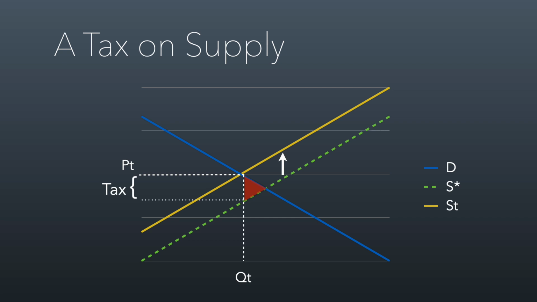And so that upward pointing arrow near the little red triangle, let's say that's $1, a price increase. What happens is it increases the cost of supplying cereal. To produce and make boxes of cereal available to the public is now more expensive by $1 per box. And that's why our green supply curve goes away and it gets replaced with the yellow one.